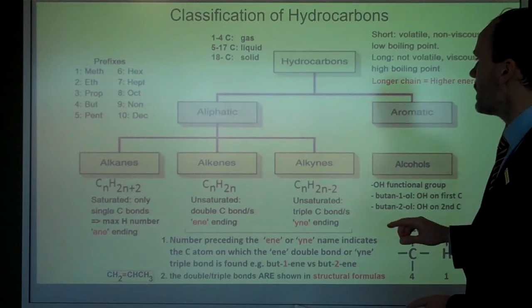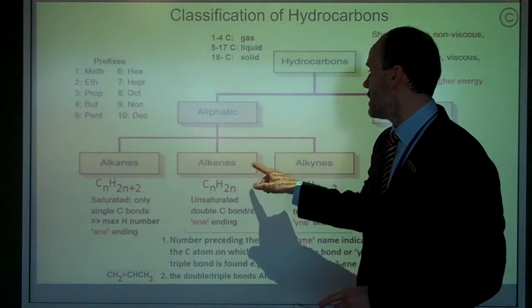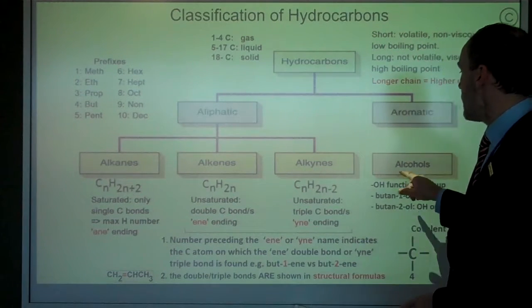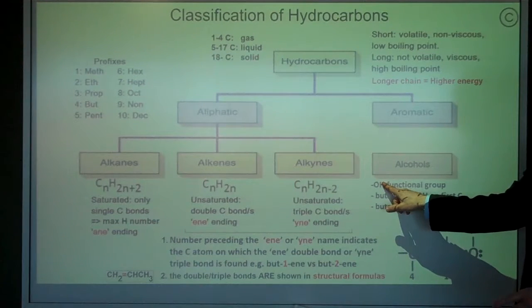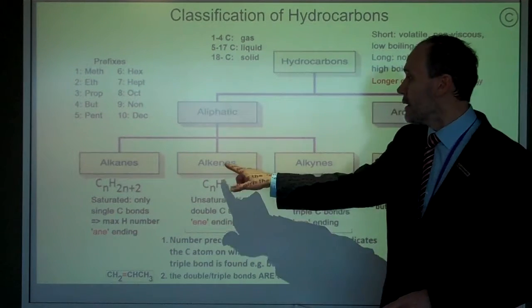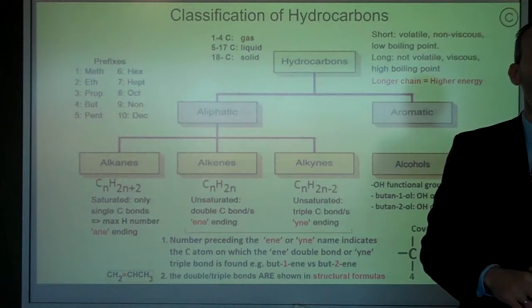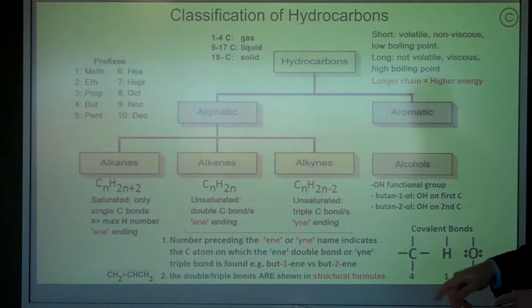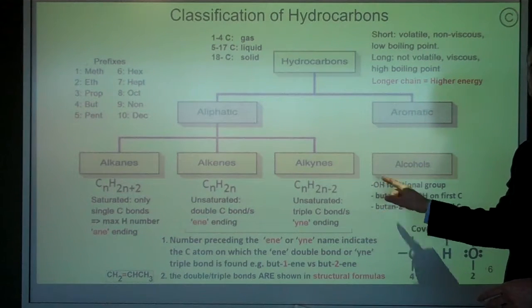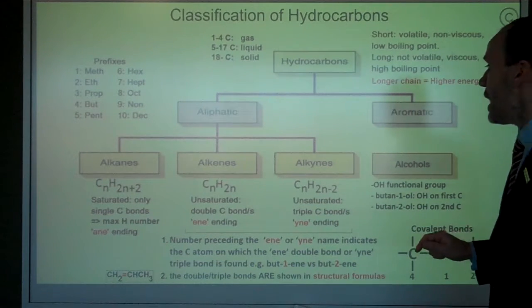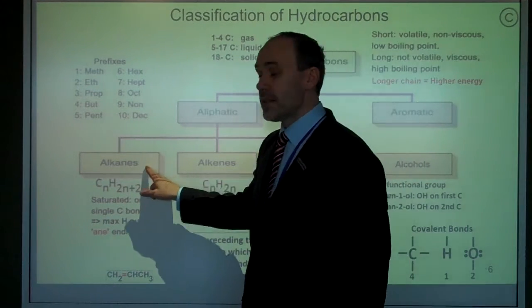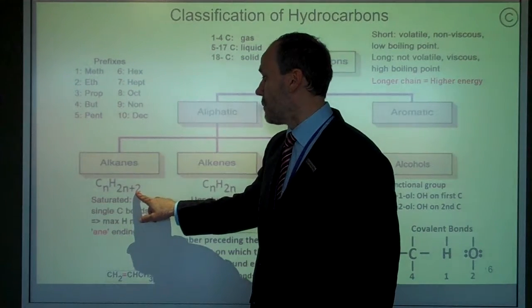Now today we're interested in the alkanes, alkenes and alkynes, and later on the alcohols, which have an OH group on them. So the alkanes, alkenes, alkynes only have hydrogen and carbon. The alcohols have at least one OH somewhere in there. Okay? And all of the alkanes follow this general formula.